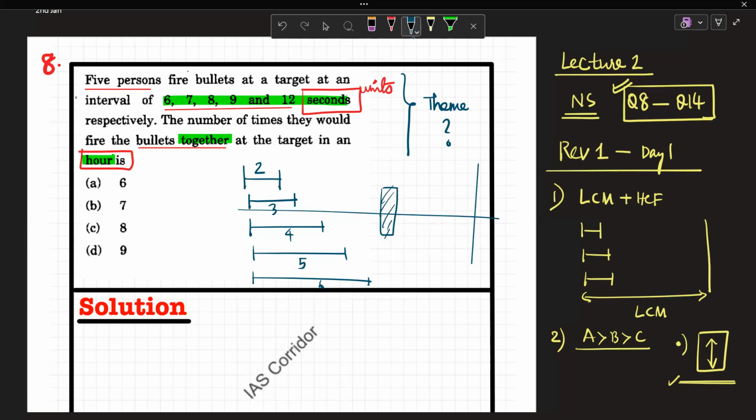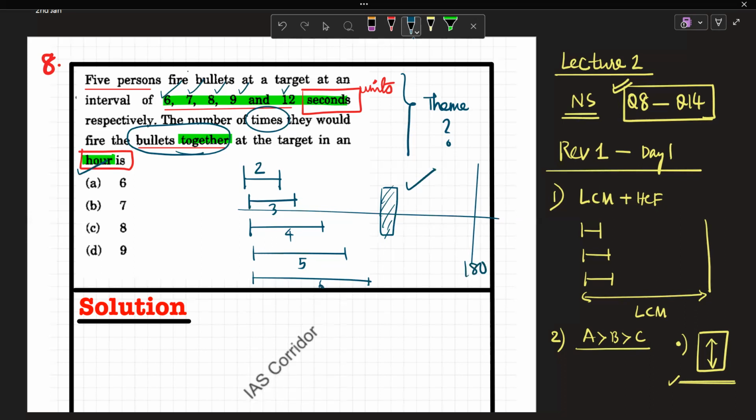Can you see that the question is the same? First bullet fired at 6 seconds, second at 7 seconds, third at 8, fourth at 9, fifth at 12 seconds. How many times will the bullets be fired together within 1 hour, just like within 180 days?